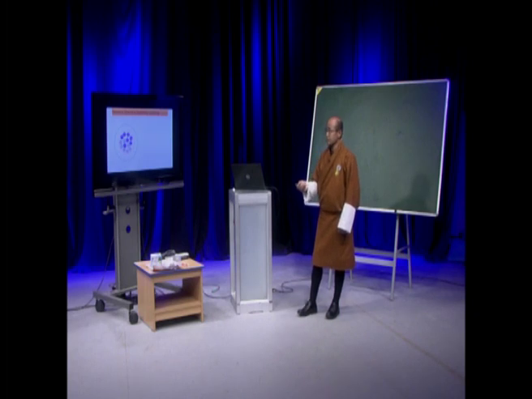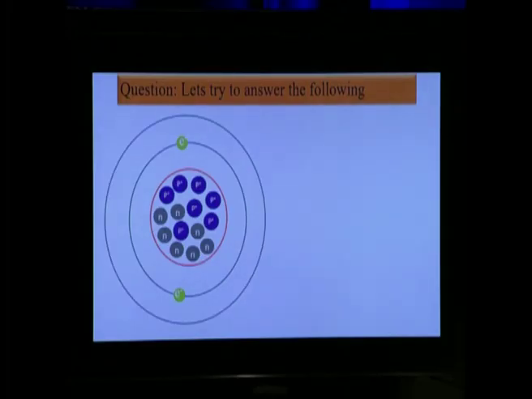Then the K shell starts, and it has a capacity of 2 electrons. Next, the L shell. The L shell has a capacity of 8 electrons, but out here how many electrons will come? Let us see. 5.